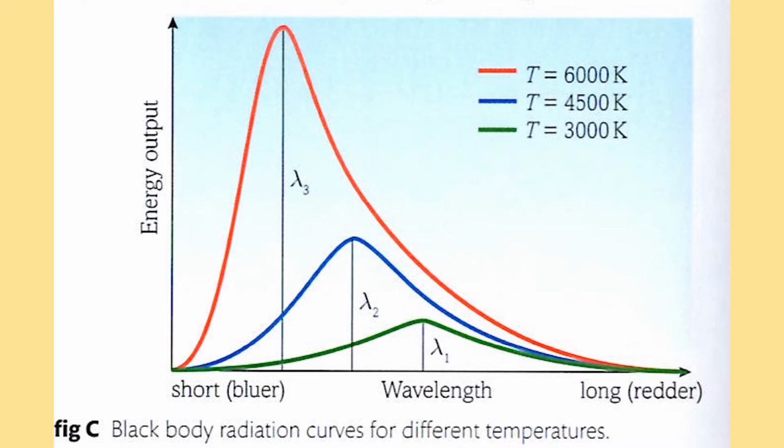But there is no missing energy. All of the energy is there, all the way from the blue end of the spectrum back to the long end of the spectrum. And as you can see, despite the colors of the lines, the hotter the star, the bluer the spectrum that comes from it.